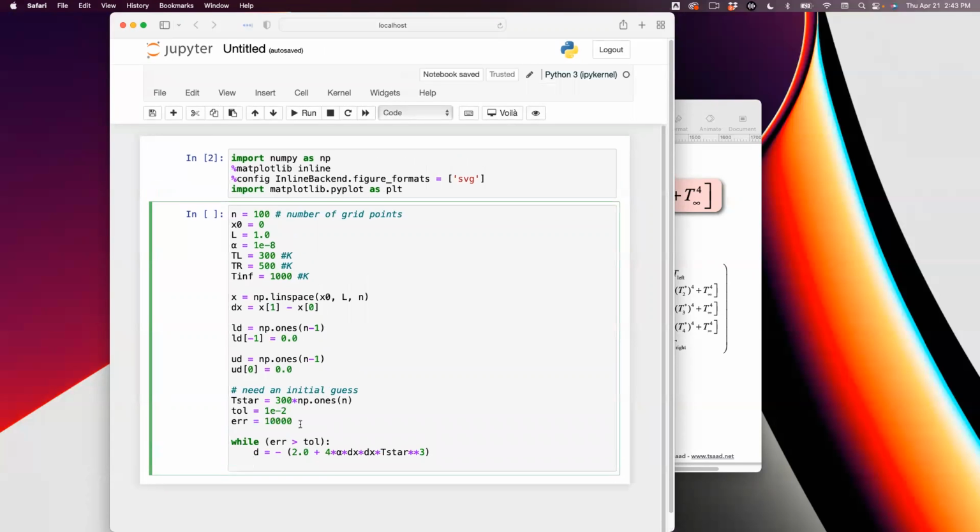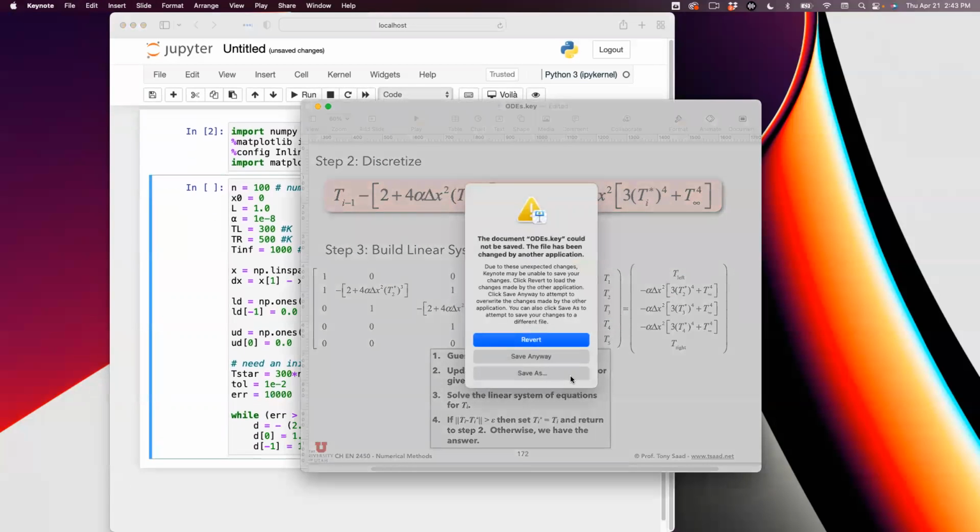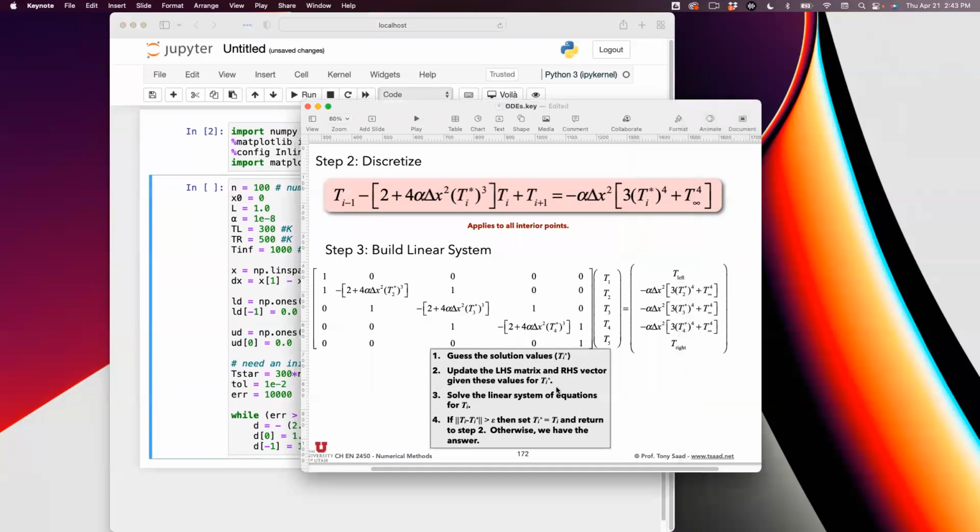Okay, and then the first entry for D is 1, and the last entry for D is also 1. So we just created this diagonal.